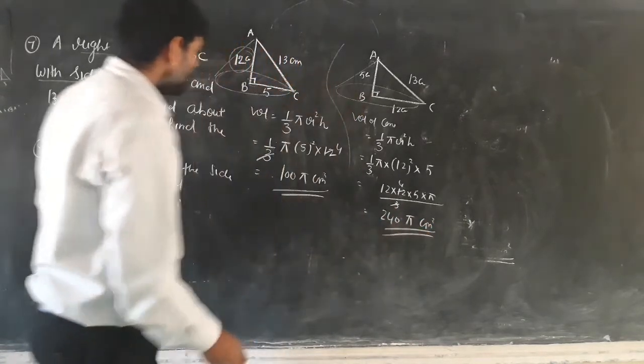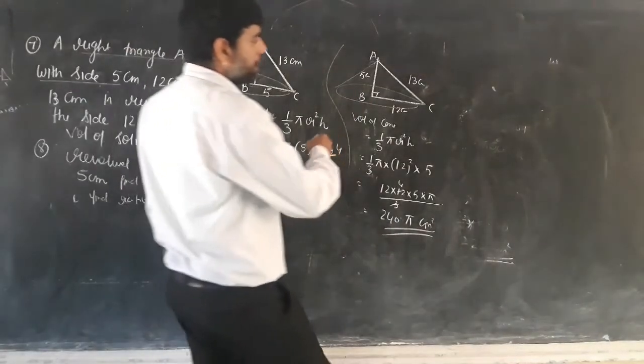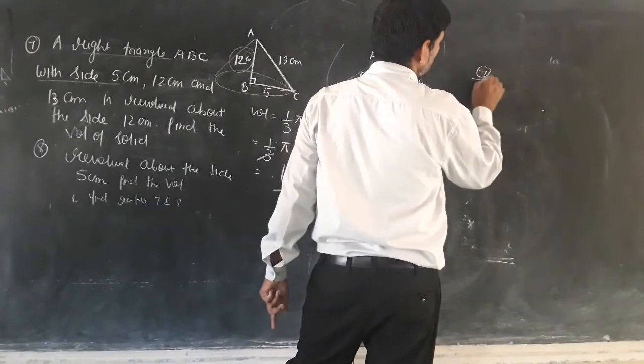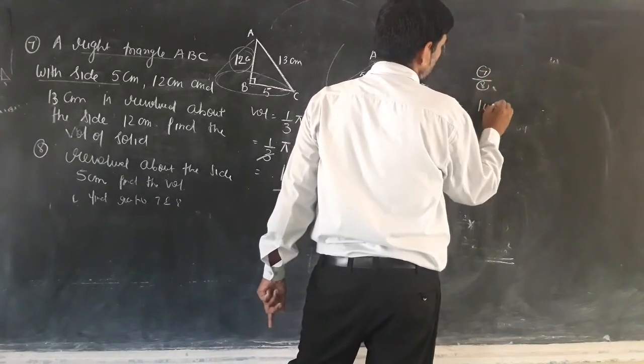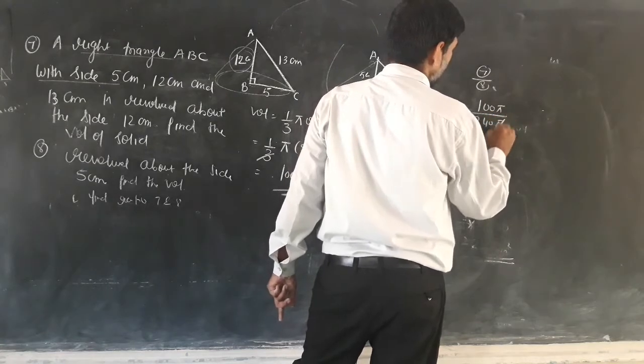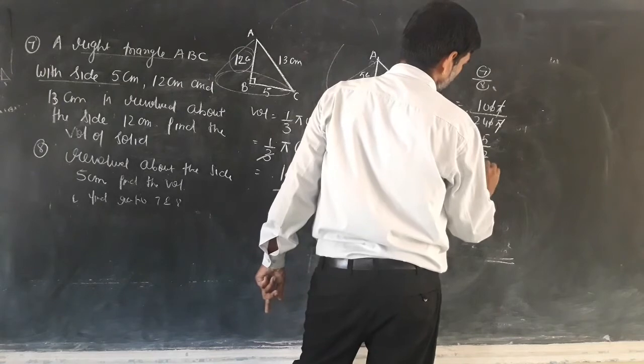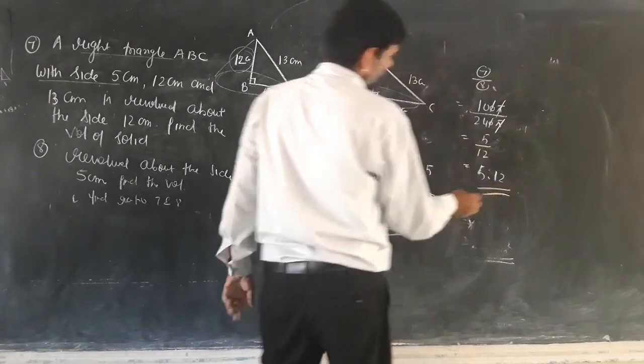In the 8th question, find the ratio of 7 and 8. The answer of question 7 is 100 pi and the answer of question 8 is 240 pi. Pi cancels with pi, so 2 5s are 5, ratio 5 to 12.